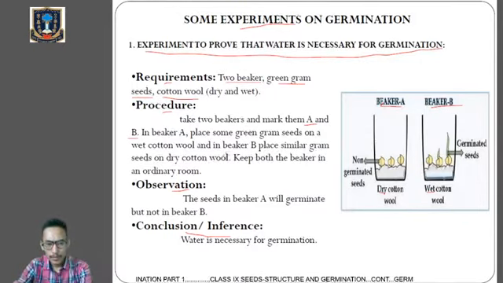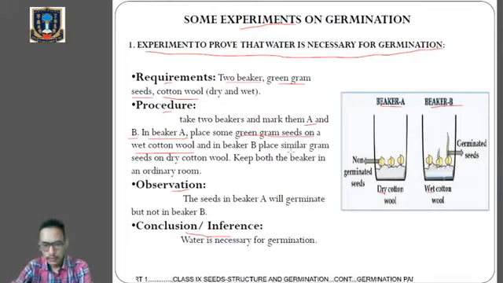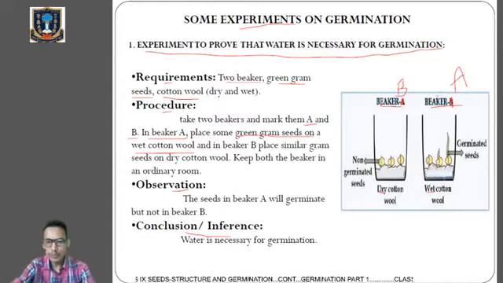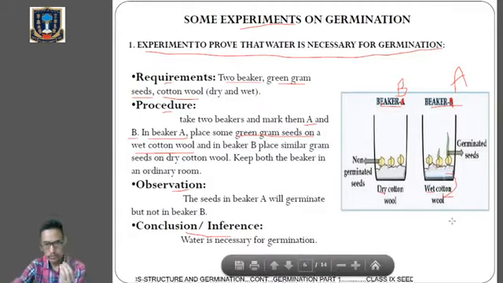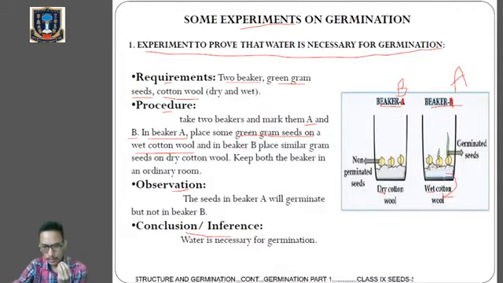Now in beaker A, what we are doing is placing gram seeds on wet cotton wool. Okay, so over here I'll do the correction. This will be our beaker number B, and this will be our beaker number A. Okay, so in beaker number A, we are taking the wet cotton wool that contains moisture, water, and we are putting the gram seeds.